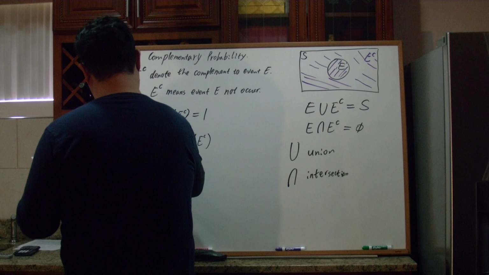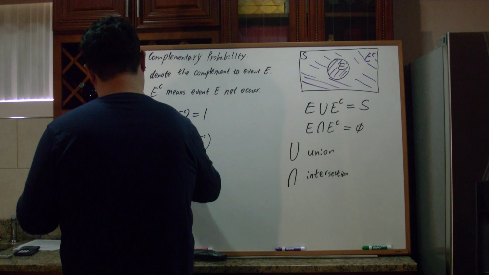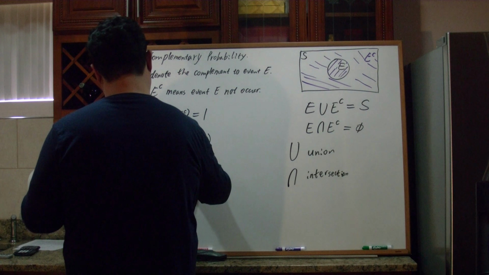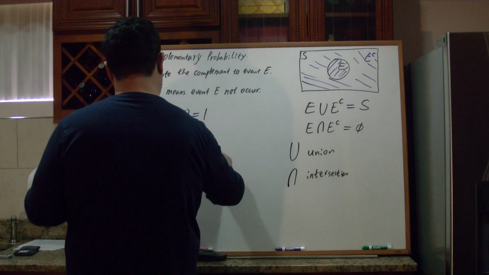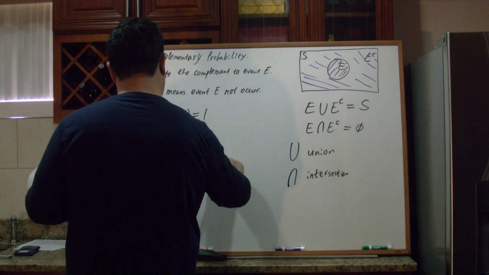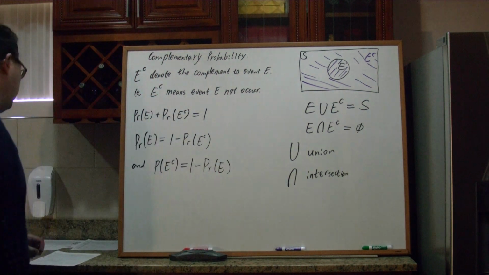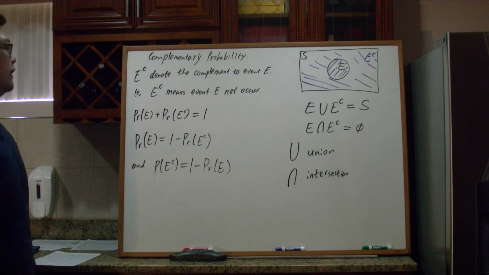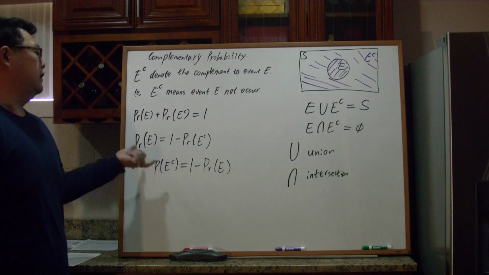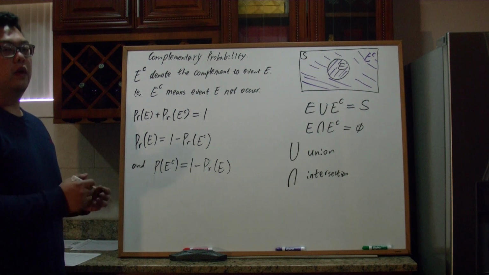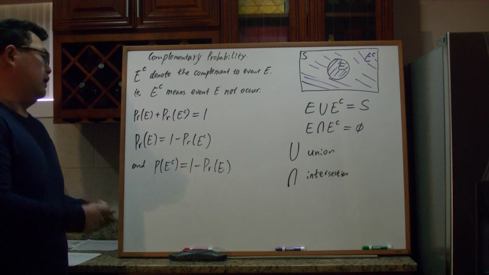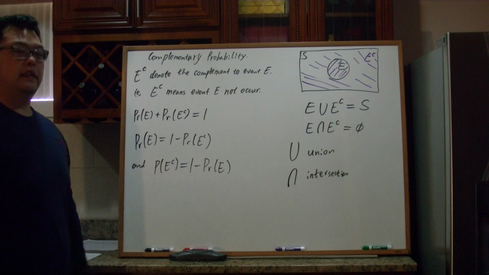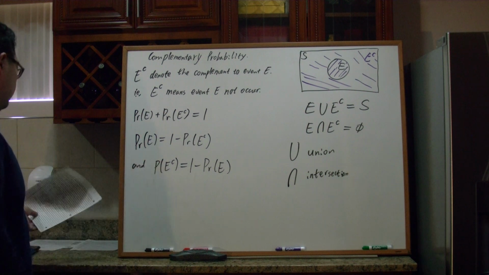If we need to find the complement event and the original is easy to find, we can do that as well. 1 minus the probability of E will give us the probability of its complement. And of course, if both are required, it is good enough to find one of them and just use 1 minus.